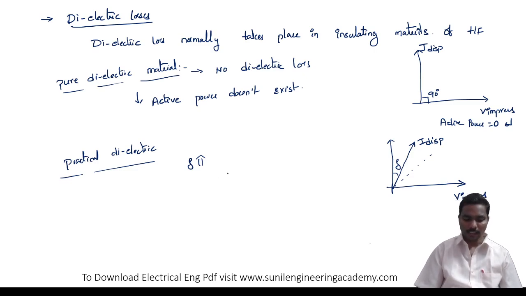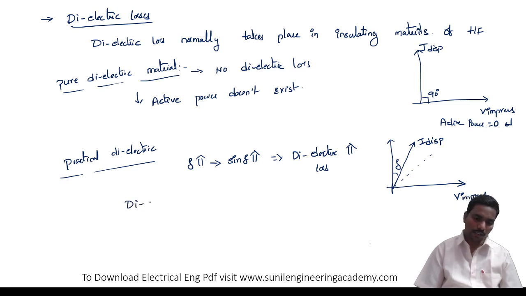So as delta increases, sine delta increases, and as sine delta increases, dielectric loss increases. Why? Because the dielectric loss is generally proportional to sine delta. The dielectric loss formula is V impressed times I displacement times sine delta.